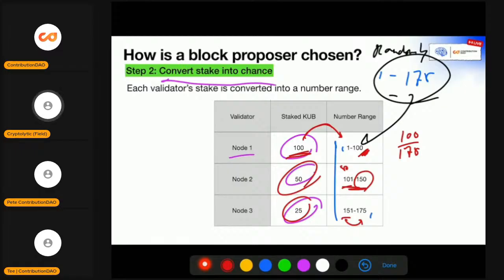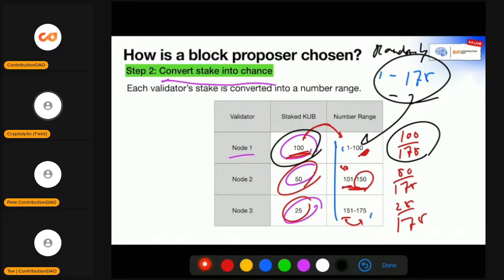This one is 50 divided by 175, and this one is 25 divided by 175. So the node with the most stake has the highest chance to be chosen as the proposer, and this one has the lowest chance of being chosen.